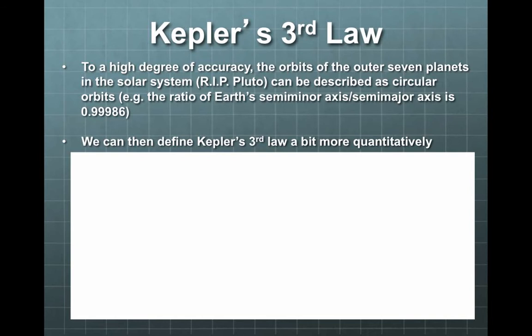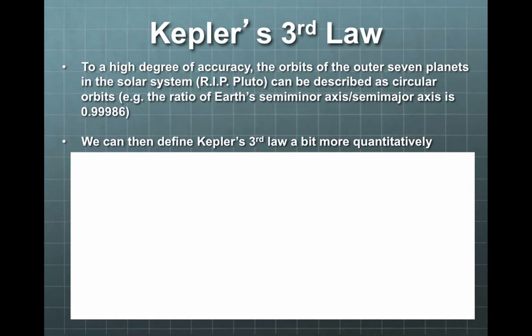As an example, the ratio of Earth's semi-minor axis to its semi-major axis is 0.99986. And as you know from pre-calculus, if you have an ellipse where that ratio of the semi-minor axis to the semi-major axis is equal to 1, that means the semi-minor axis is equal to the semi-major axis, which means that you have a circle.